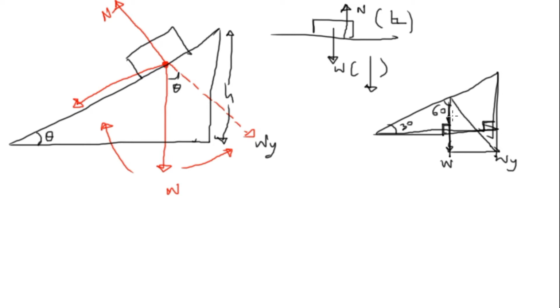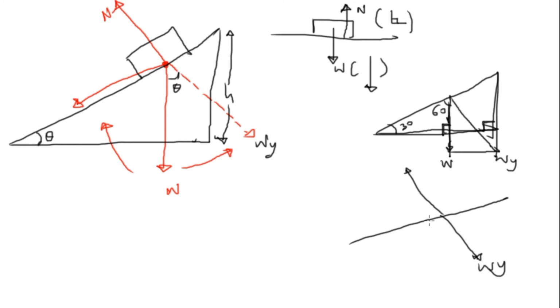Now notice that this is another perpendicular line to the surface, that is this line, the WY, which is equal to the normal force. And don't forget, the normal force is always perpendicular.